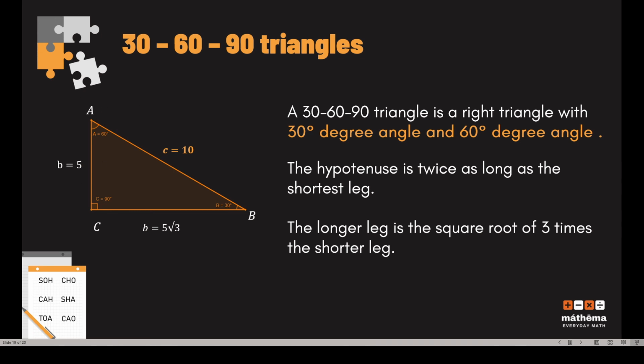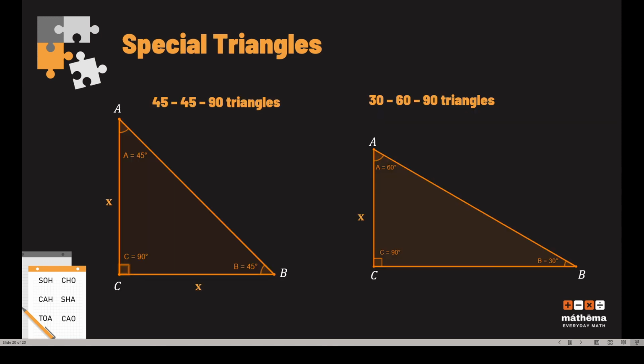Tangent of A is equal to the opposite over the adjacent. Kindly check on that if you want to verify this answer. This is how we get the values of our 30-60-90 triangles. The hypotenuse is twice the shorter leg, and the longer leg is the shorter leg times square root of 3.